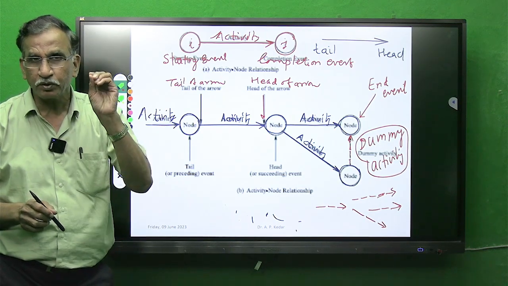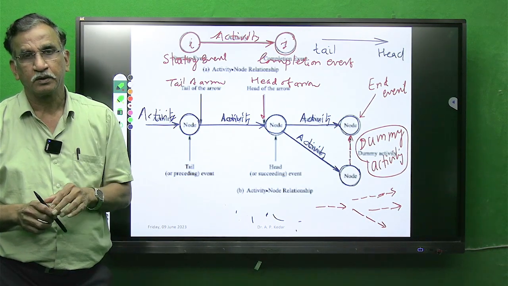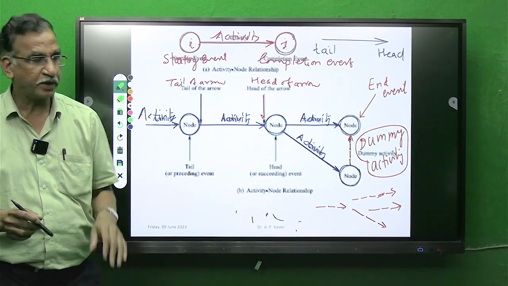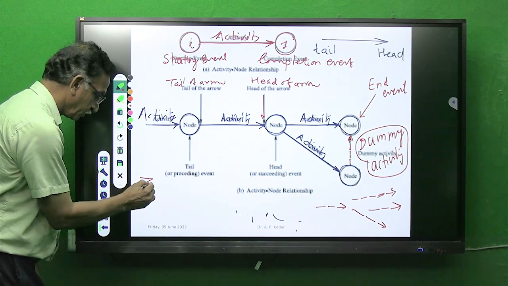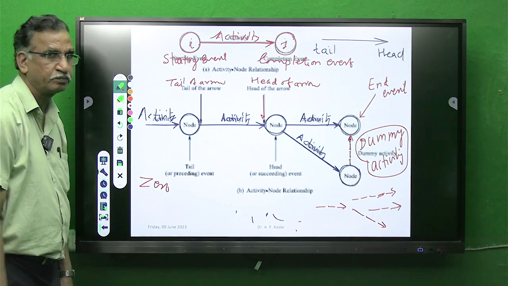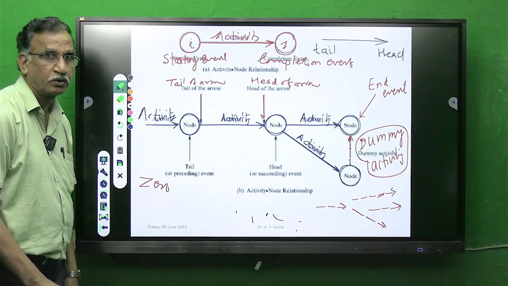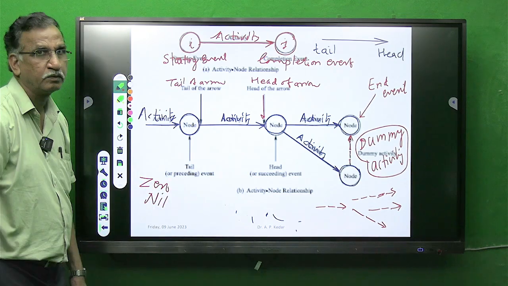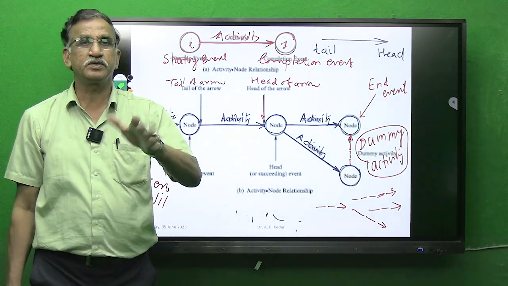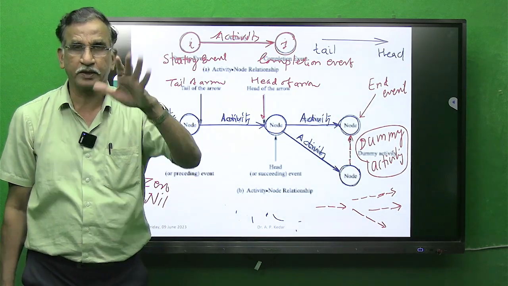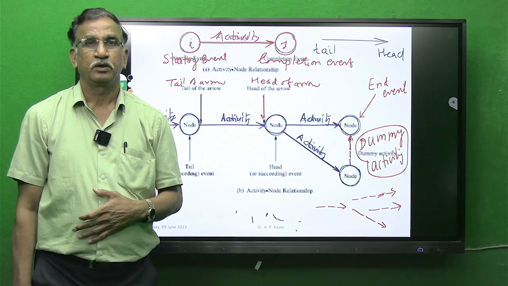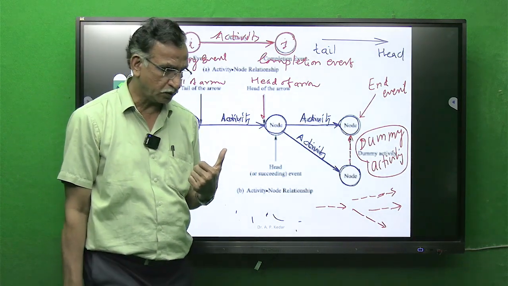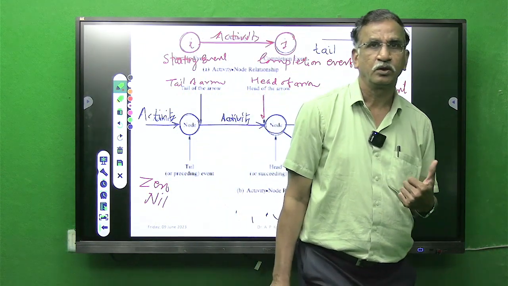But now keep in your mind, for a dummy activity the time is 0, and the resource consumed is nil, because physically it is not in existence. So what is it for in the calculation and analysis?